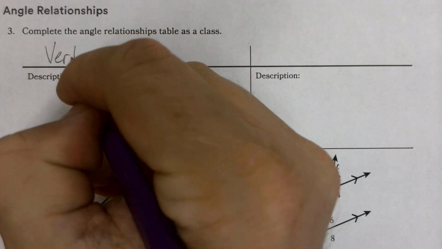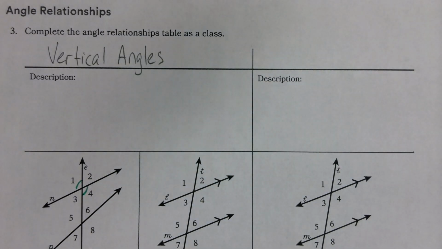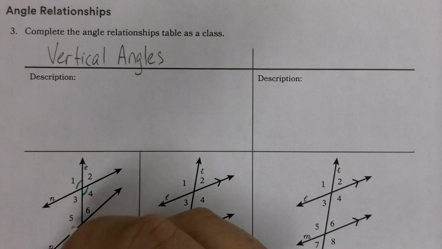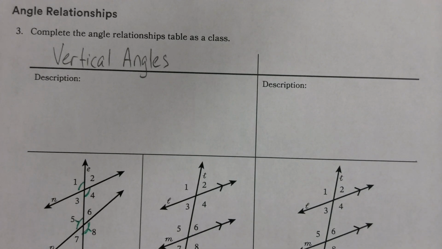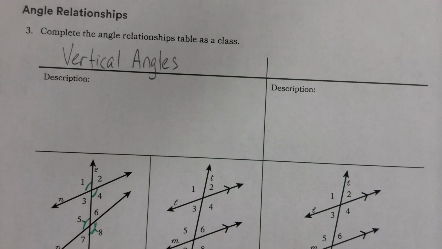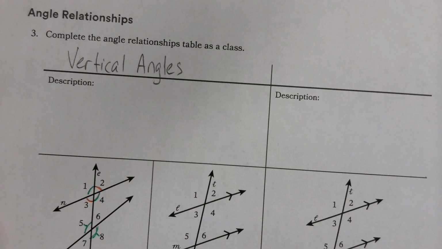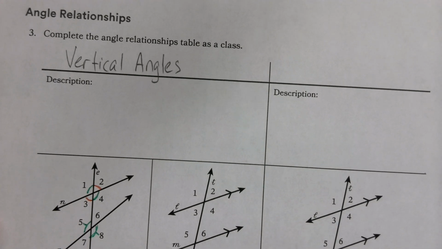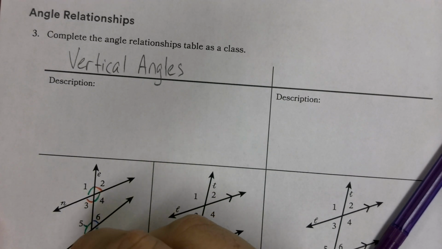Again, these are vertical angles. We would say angle 5 is congruent to angle 8, angle 2 is congruent to angle 3, and angle 6 is congruent to angle 7.